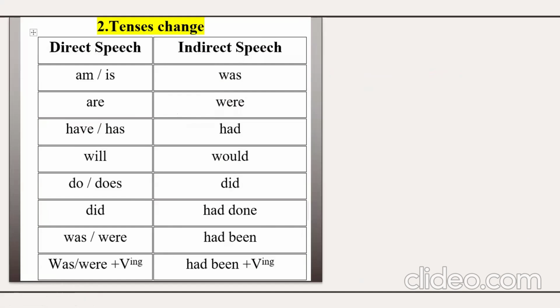Now the next change, the basic change, we need to change the present tense am or is. See, if those verbs come when we are converting direct speech to indirect speech, we need to do these basic changes, otherwise you'll be getting 0 marks. Am or is will become was, are will become were, have or has will become had, will become would, can becomes could, do or does will become did, right?